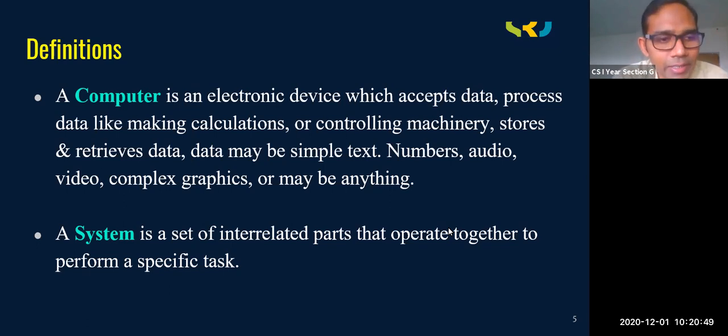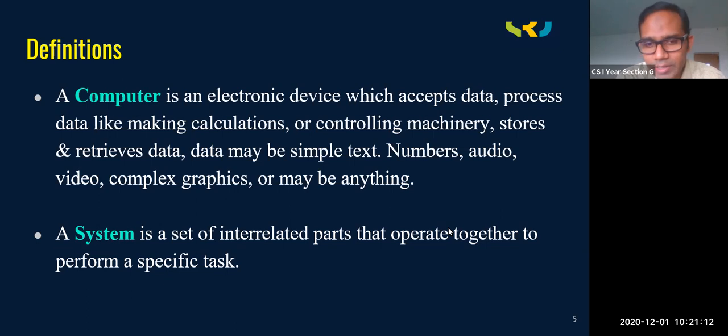What is the task? The task is to play the music. In the same sense, a computer is also called a system. A system is a set of interrelated parts. What do you mean by interrelated parts? A system has a mouse, a keyboard, a monitor, a CPU, maybe speakers, maybe some other devices.